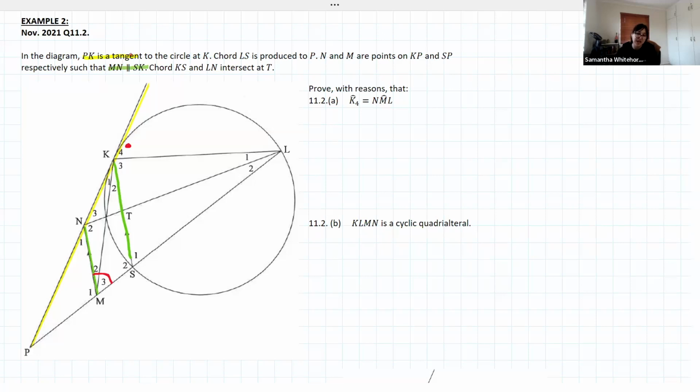Can you tell me which angles would then apply in this tan chord application?